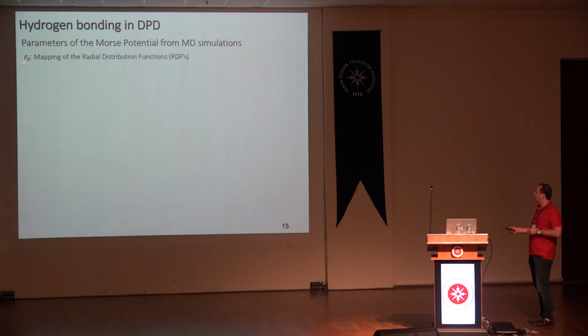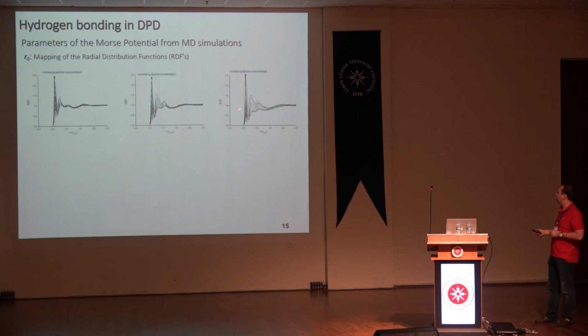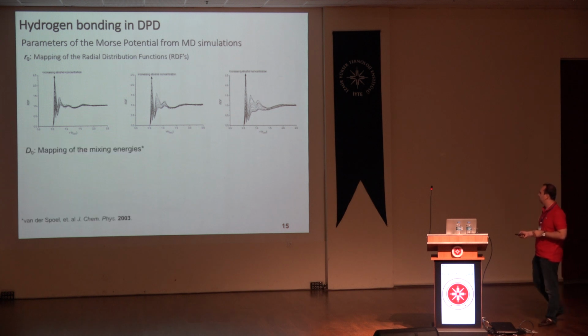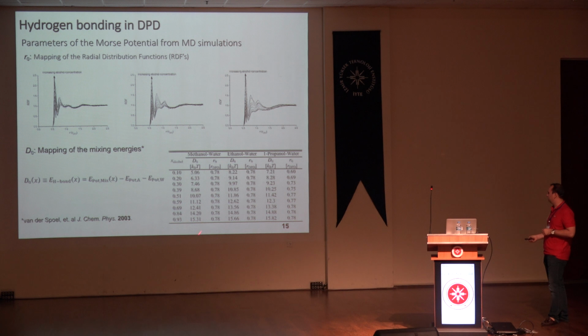The R0, the equilibrium hydrogen bonding distance, is computed from the radial distribution functions, from the minimum of the functions, where we would already have the non-bonded distance, and D0 is computed by mapping the mixing energies. At the end, you have values: D0 as a function of the concentration, and R0 is more or less similar.